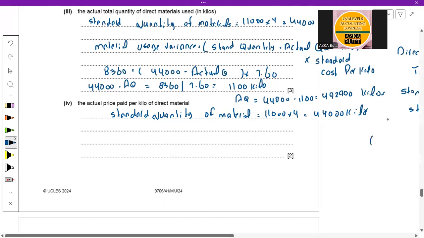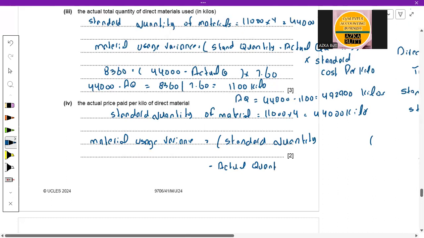So the material usage variance formula is material usage variance is equal to standard quantity minus actual quantity, multiplied by standard cost per kilo.